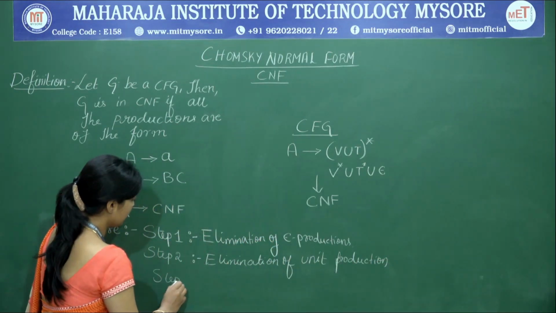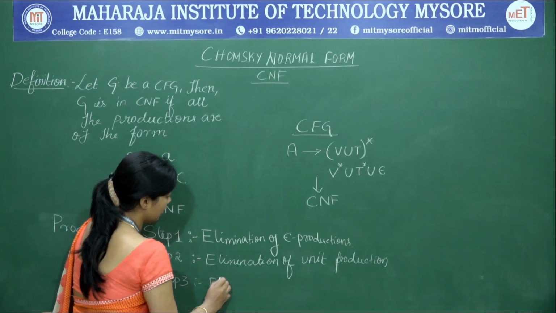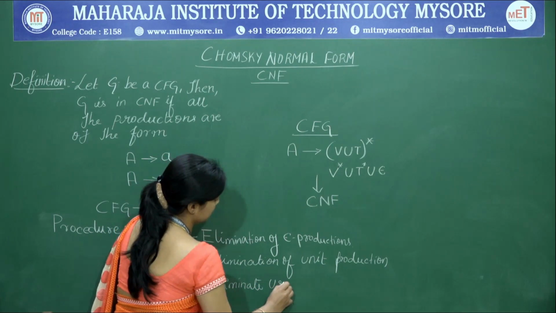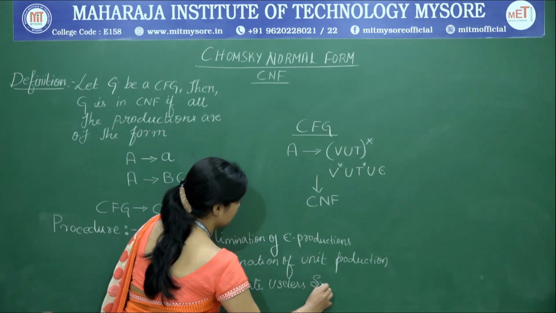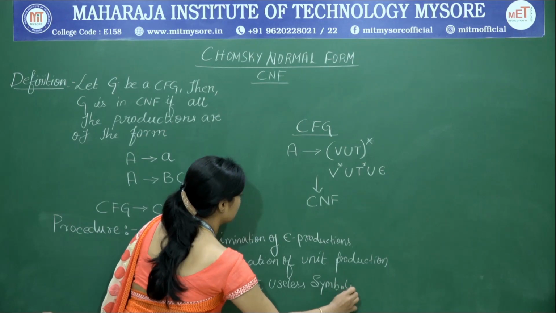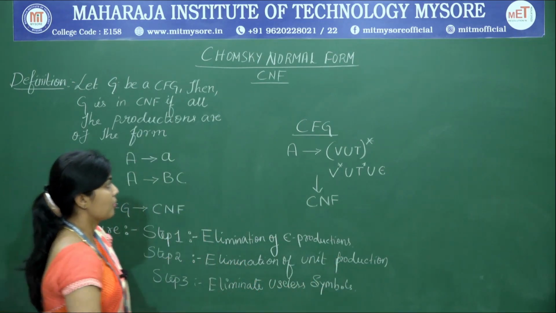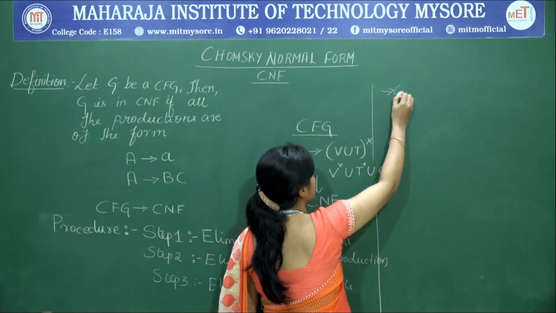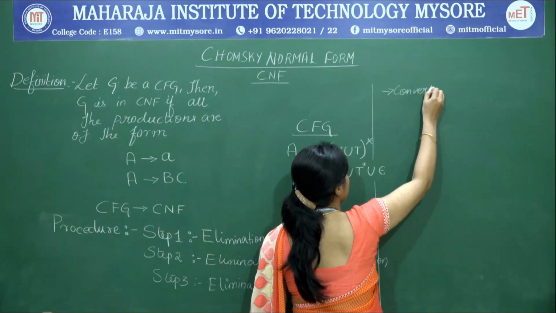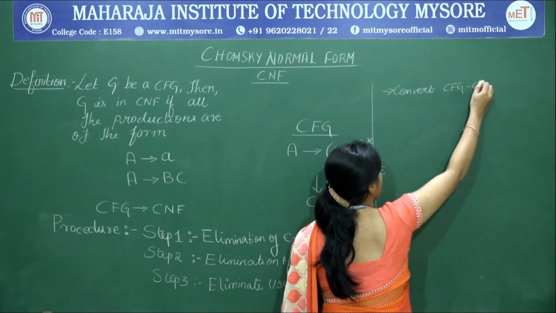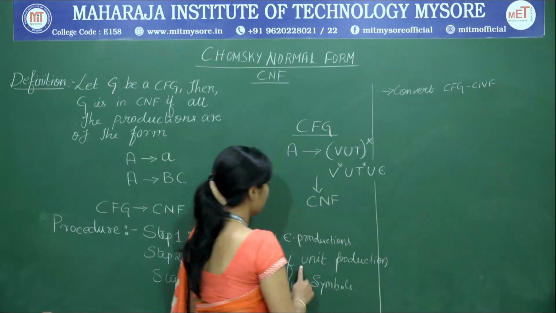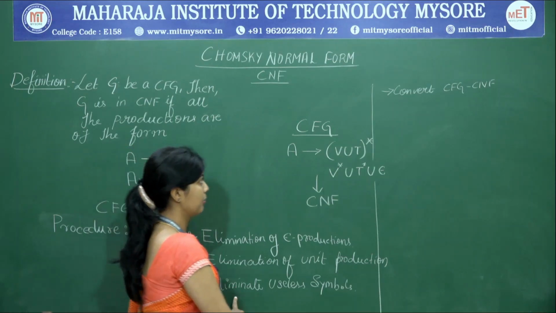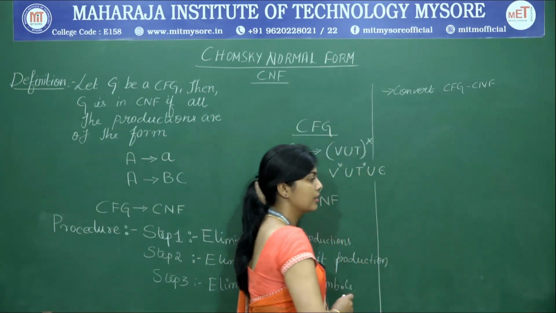Next, in step 3, we will eliminate all the useless symbols. Once we have done this, we will convert the CFG to CNF. The CFG that we get after applying step 1, step 2 and step 3 is going to be converted into CNF.